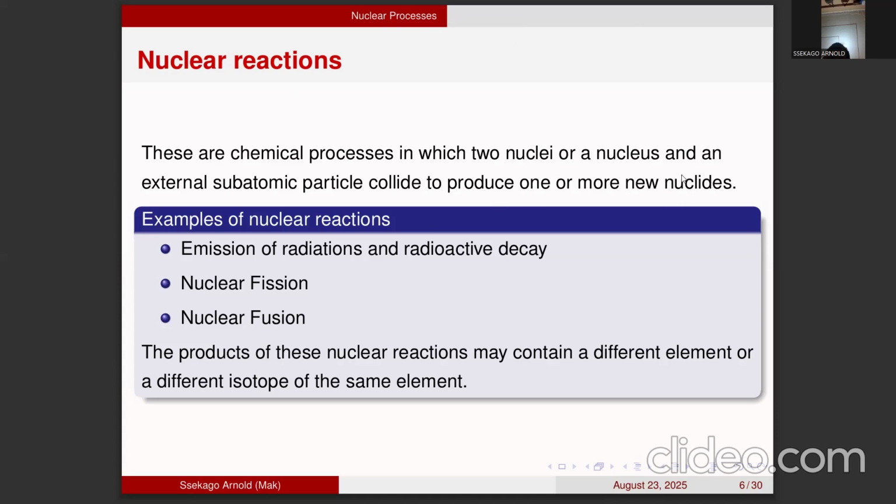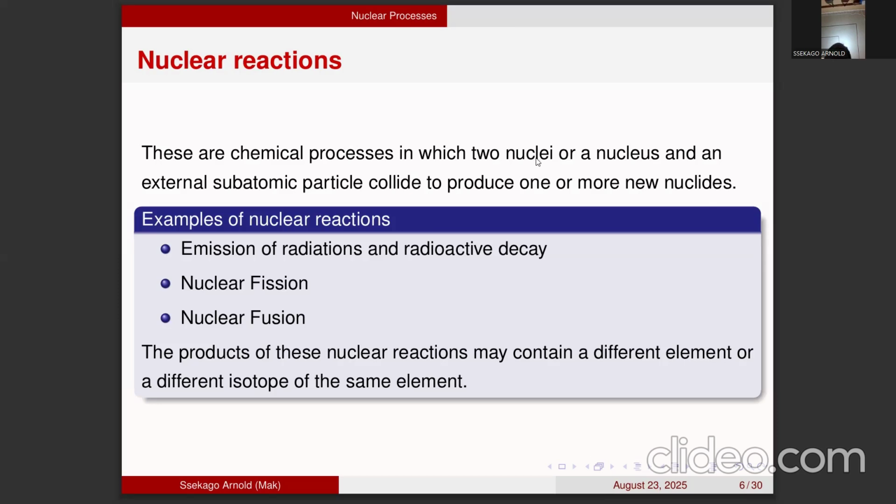Hope you've explored the meaning of the term nuclides. In the activity which I have given you, there is a question that requires you to research what this term means. So basically, nuclear reactions are processes where nuclei can split. Nuclei is the plural form of the term nucleus.